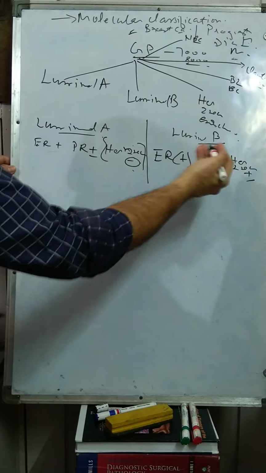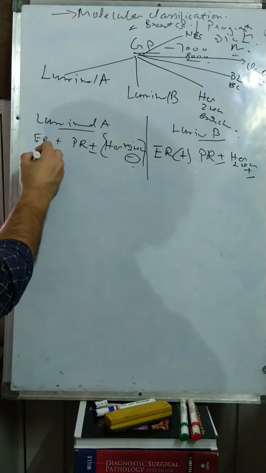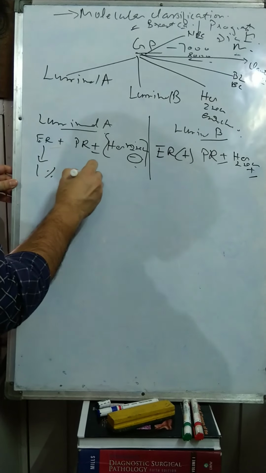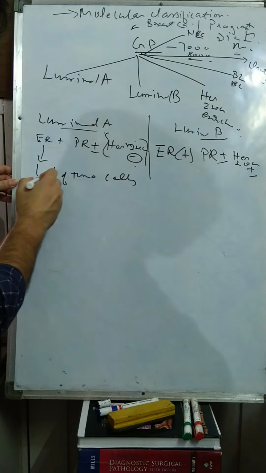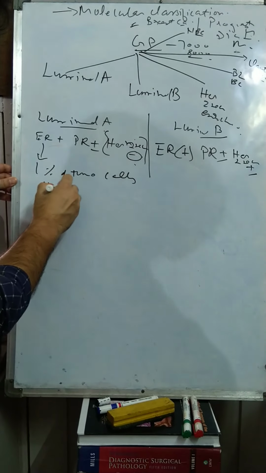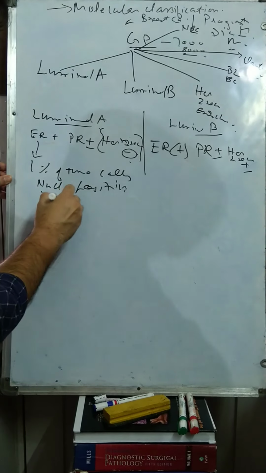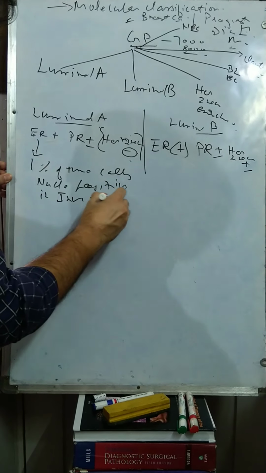So how will you differentiate between these two categories? First, ER reporting. Just to tell you, 1% of tumor cells should show nuclear positivity in invasive tumor cells.